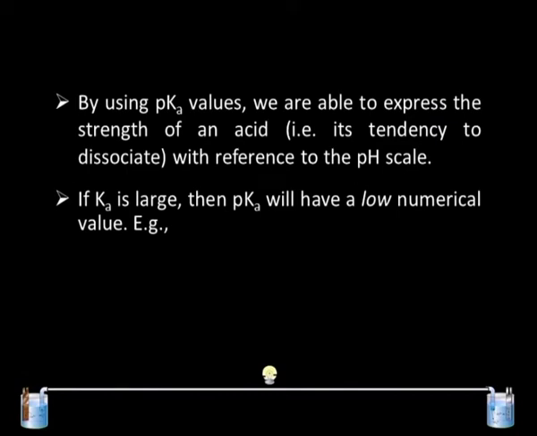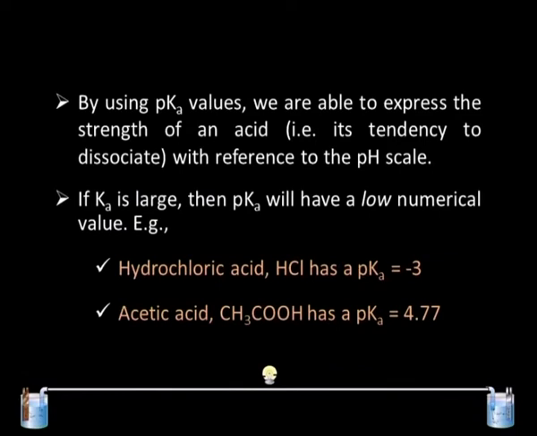If Ka is large, the pKa will have a low numerical value. For example, hydrochloric acid HCl has a pKa equal to minus 3. Acetic acid has a pKa which is equal to 4.77. This indicates that acetic acid is a weak acid, whereas hydrochloric acid is a strong acid.